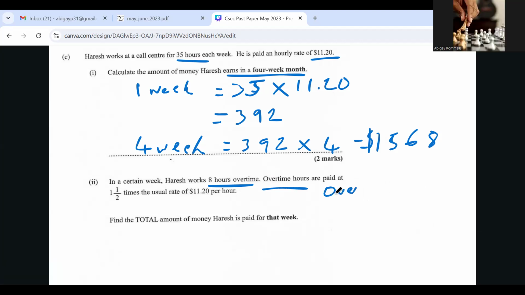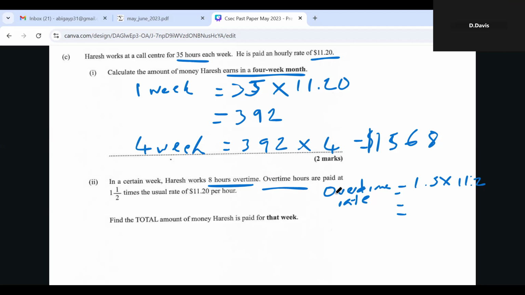Mm-hmm. Overtime rate equals 1.5 times the hourly rate, which is 11.20. So our answer will be 16.80, right? That is our hourly overtime rate.